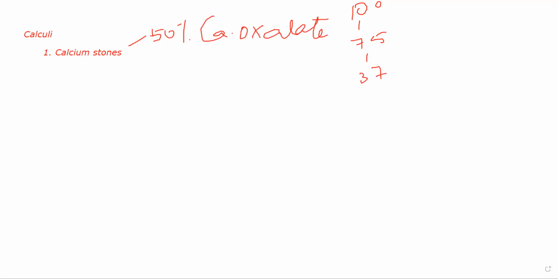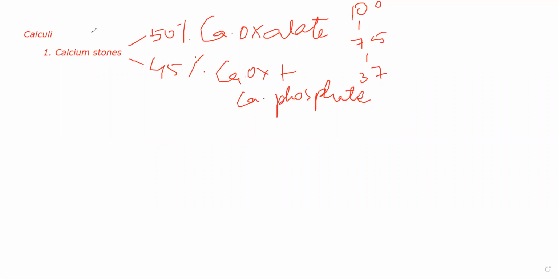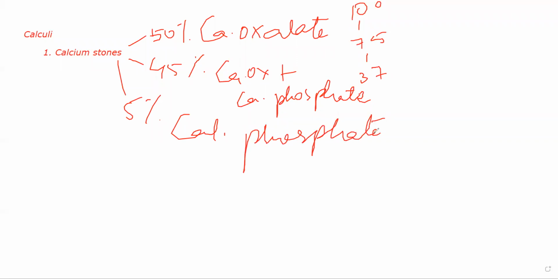45% will have mixed stones, calcium oxalate plus calcium phosphate, and 5% of patients will have only calcium phosphate. So if I take 100 patients of urinary calculi, there is a very good chance that at least 75 of them will have calcium stones.